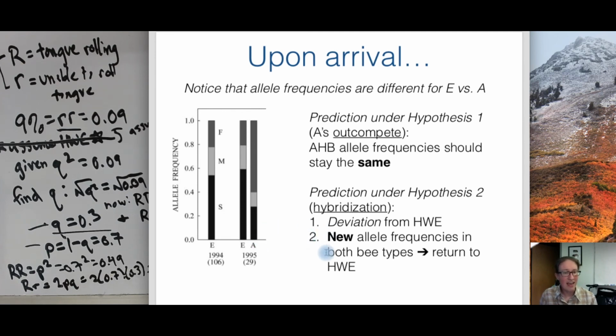So some disruption, and we'd expect to start seeing new allele frequencies in both of the bee types, Africanized and European, and then eventually a return to Hardy-Weinberg equilibrium. So just to reiterate that, if Africanized bees outcompete the European ones, we expect these allele frequencies to stay constant through time. But if these two bee varieties interbreed with each other, they have very different allele frequencies to start out with. So we'd expect a deviation from Hardy-Weinberg equilibrium and then eventually a return to that.